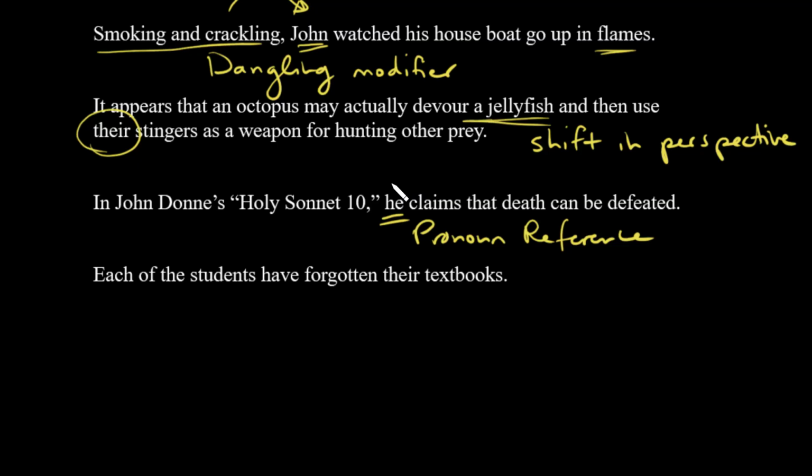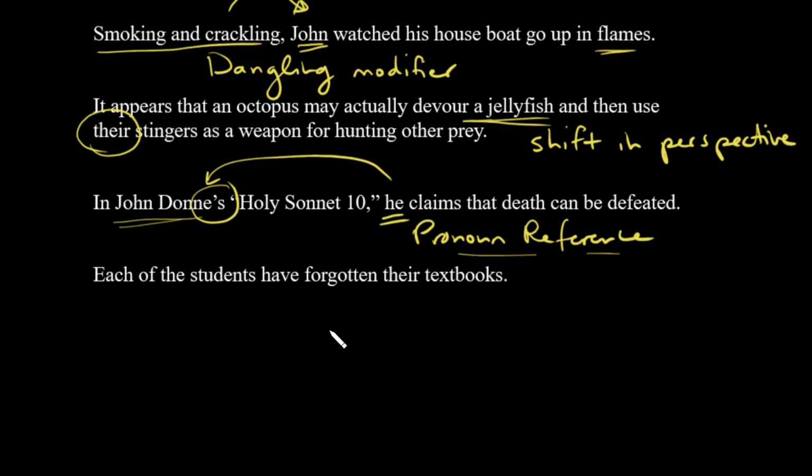It seems like there is an antecedent, John Dunn, but we have this finicky little rule which says that you cannot have your antecedent in the possessive case. It should not have an apostrophe S. Now, we have a whole separate page and some videos and so on about pronoun reference, and so you can have a look at that. But this is the basic error, that the pronoun doesn't refer back nicely to something that came before.